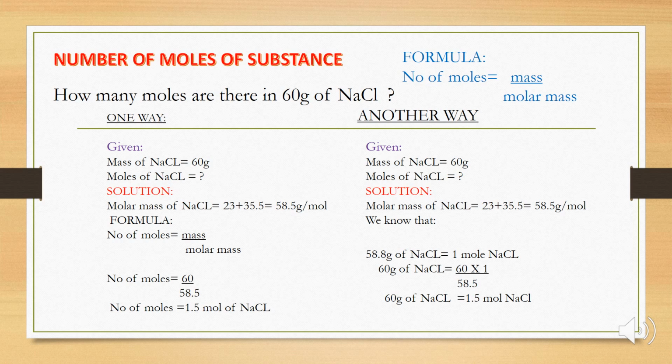Now, another way to find the number of moles of sodium chloride is, first of all, we write down the given data, that is, the mass of sodium chloride is equal to 60 grams, and we have to find the number of moles of sodium chloride. Solution: the molar mass of sodium chloride can be easily calculated, that is equal to 58.5 grams per mole.